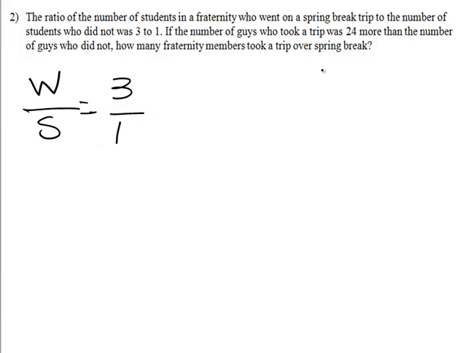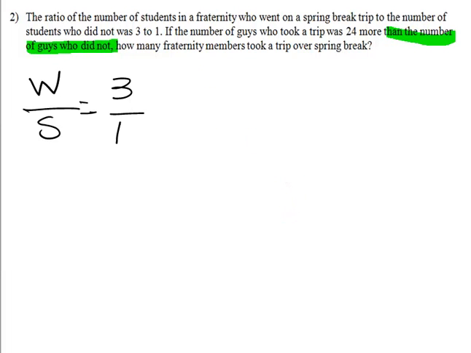Now, here again, I'm going to look for my hard variable. I know this is a proportion problem, so I'm going to look for my hard variable. And the number of guys who took a trip was 24 more than, and I know this is not guaranteed, but it sure is a good place to start.